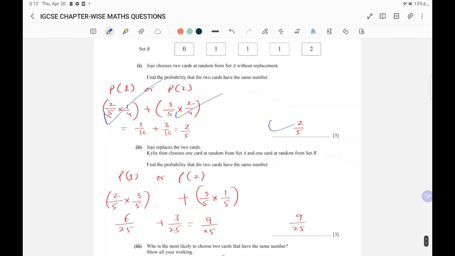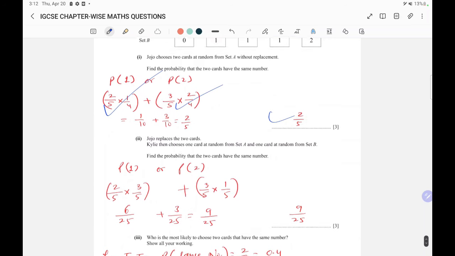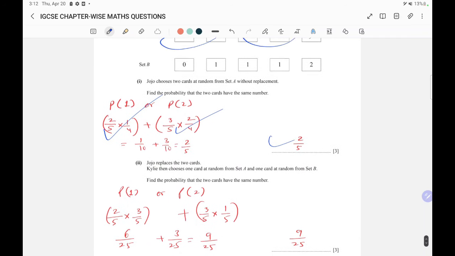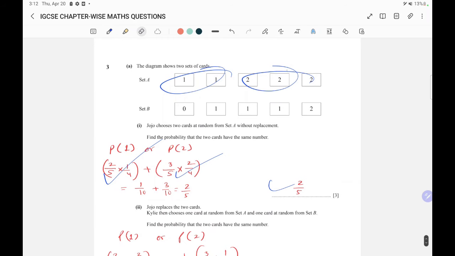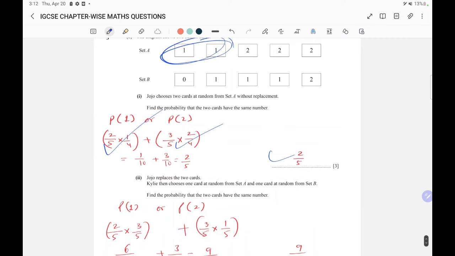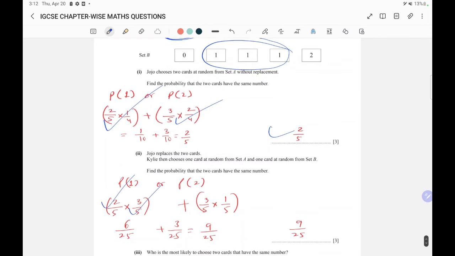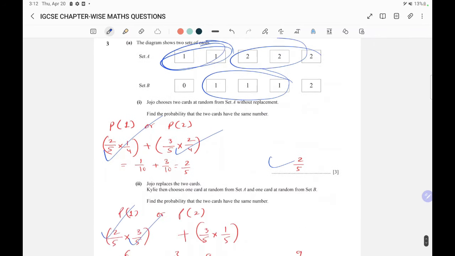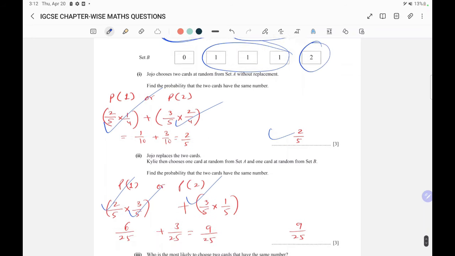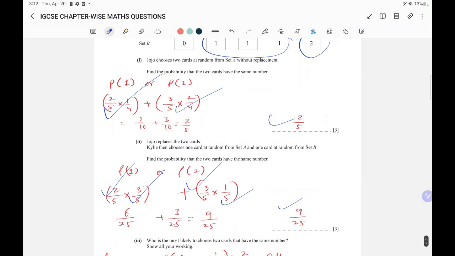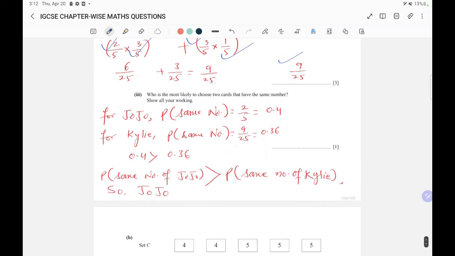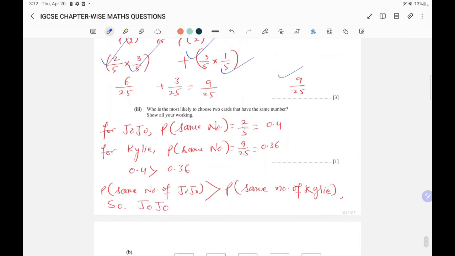So if he will get 1 from set A, so this is 2 by 5, then 1 from set B, so 3 by 5, or if he will get 2, then 3 by 5, and only 2 here, so 1 by 5, and just calculate precisely to get 9/25.